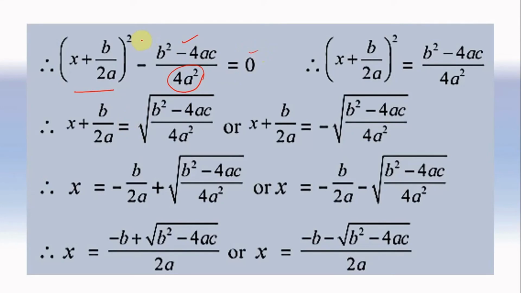Further, as this is a square over here, if you take the square root of this, naturally the square will be removed and you will get a square root symbol. Leave the right side as it is, and we can simplify further by bringing b upon 2a to the right side, where it becomes minus b upon 2a plus the root of b square minus 4ac upon 4a square.